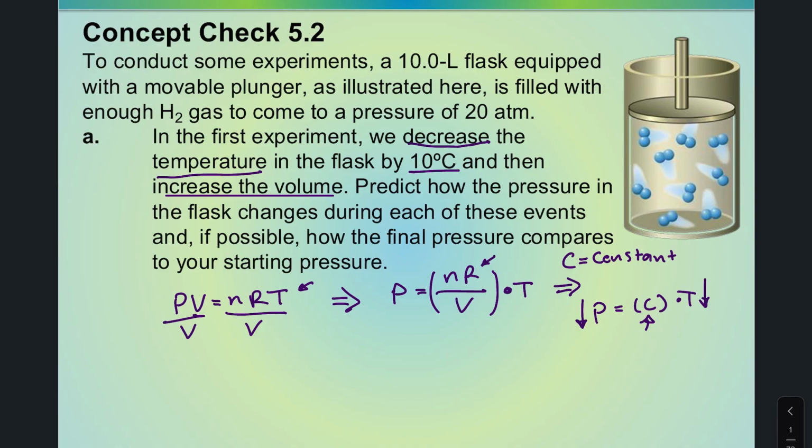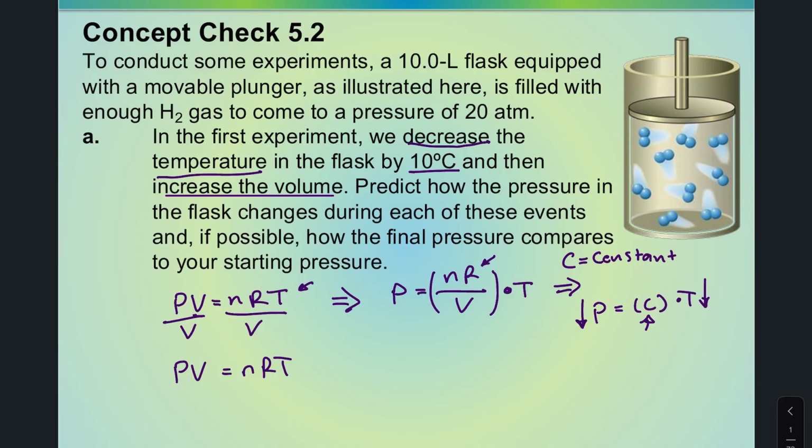Similarly, for the next one, we now have a differently heated vessel, but we are going to then increase the volume. And so that way we have PV equals nRT again.